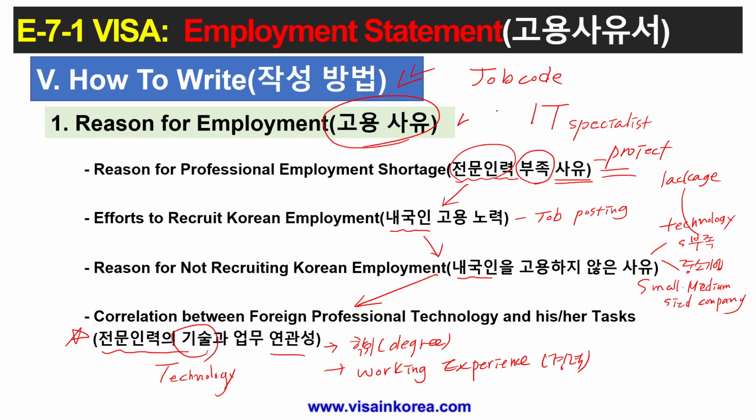Okay, I'd like to explain about the reason for employment. And firstly, you must write down very systematically and reasonable things, right? First of all, you must check if your company has a very big project, for example, IT related things.